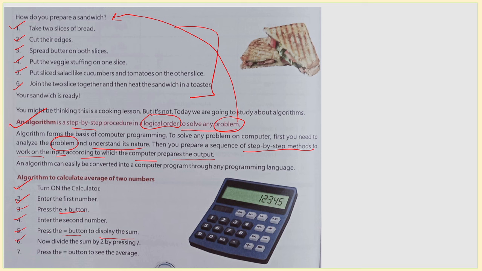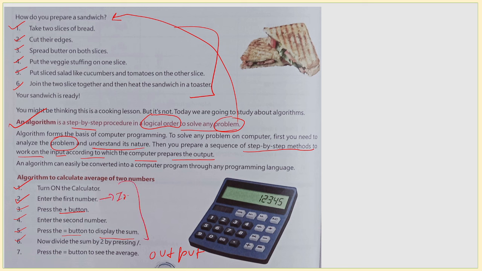So divide by 2, we press the division key on the calculator. After that, at the end you press the equal button, and now you will be able to see the average. This is your output, and these are the inputs.